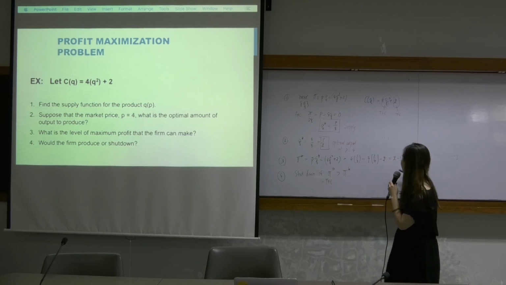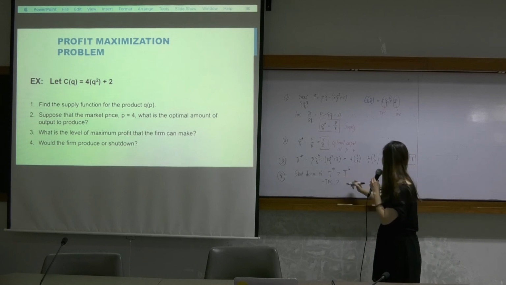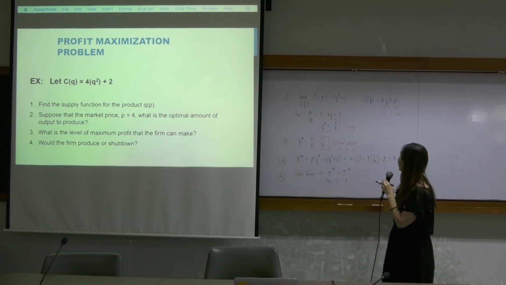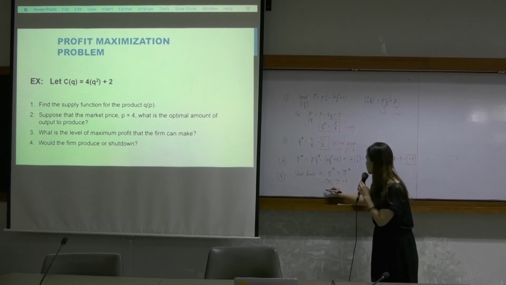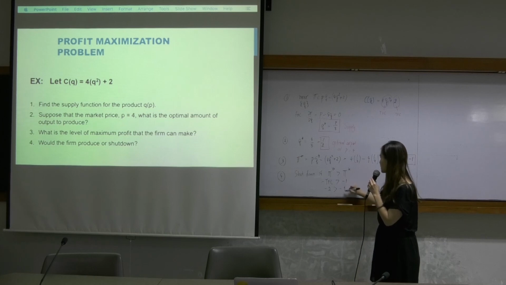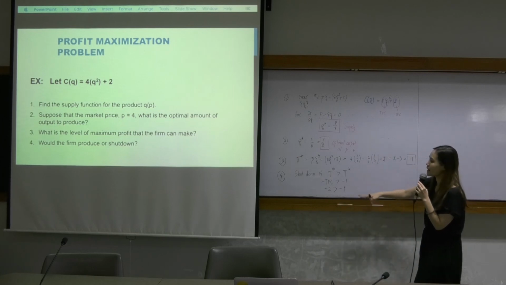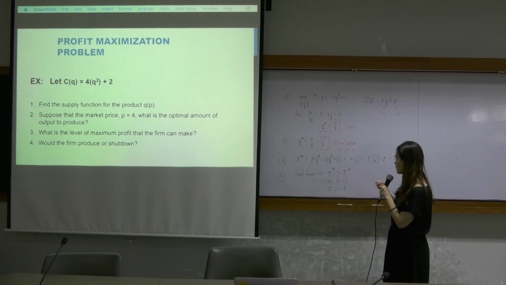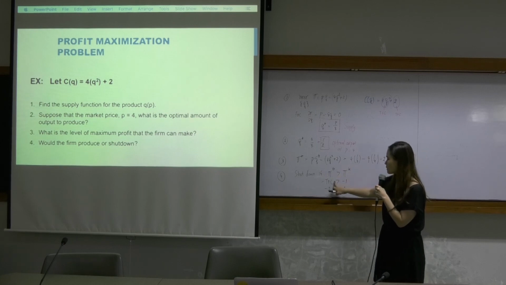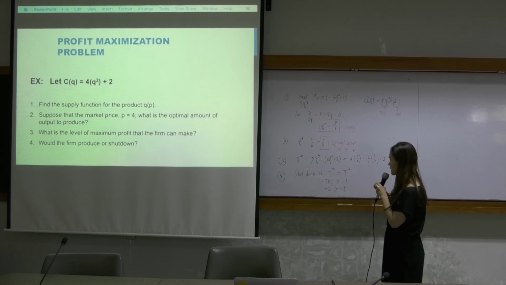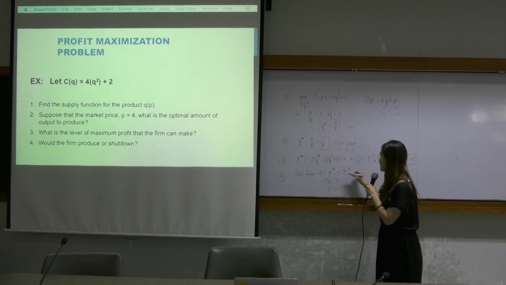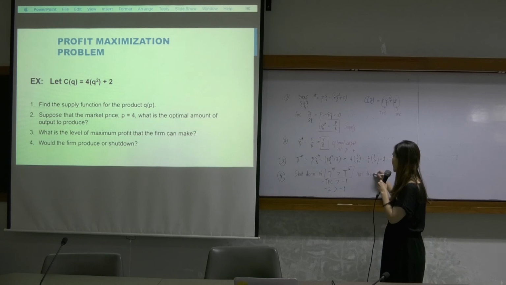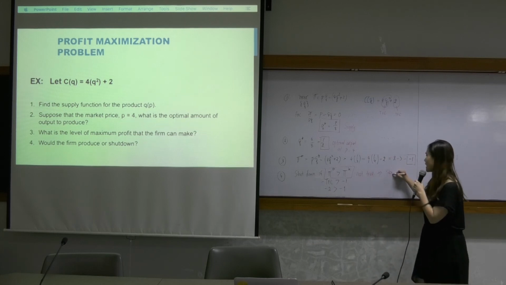And if you decide to produce, you will get -1. The total fixed cost is 2, so if you shut down you get -2, and if you produce, you get only -1. So this condition is not true, and therefore you should not shut down.